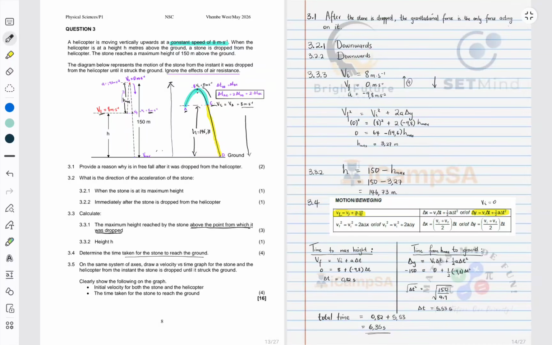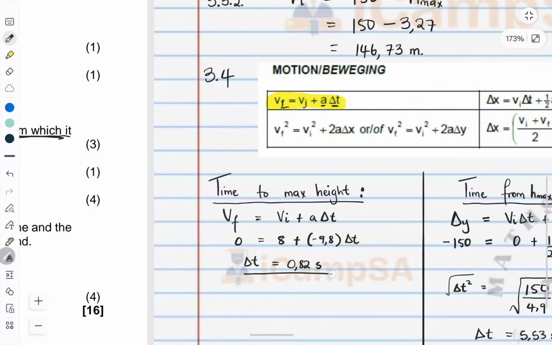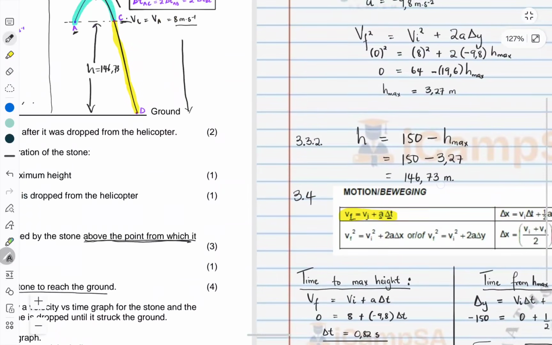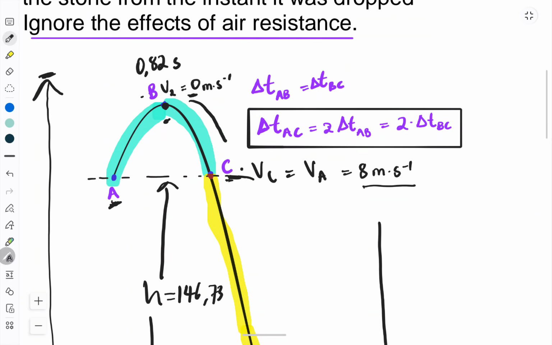Now, what else do we... So yes, just to illustrate my point, you see this time, this is the time to max height, right? It means if the ball takes 0.82 seconds to get to this maximum point here, it takes another 0.82 seconds to get to point C. So by point C, the time would be 0.82 times 2, so delta t at C will be 1.64 seconds.